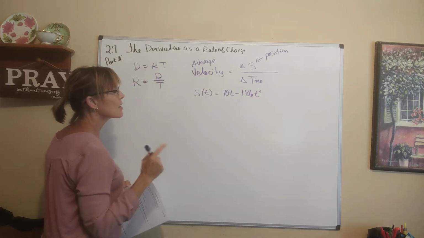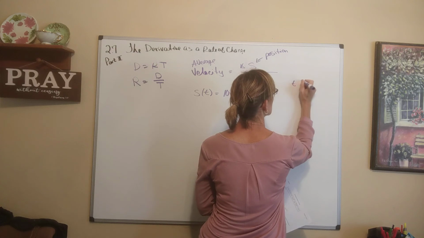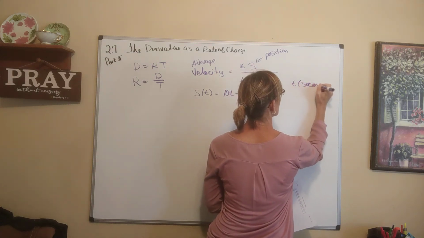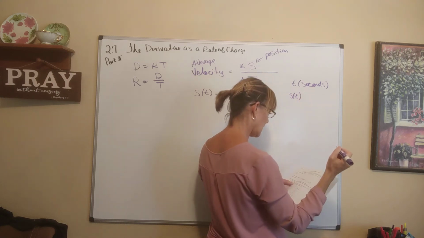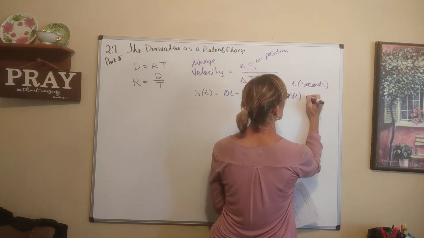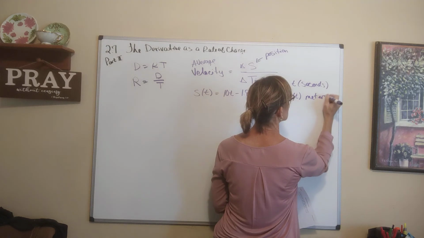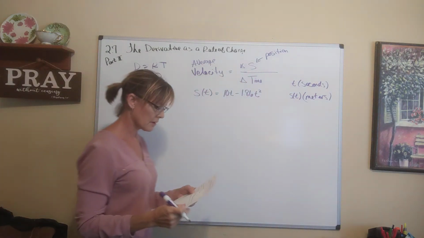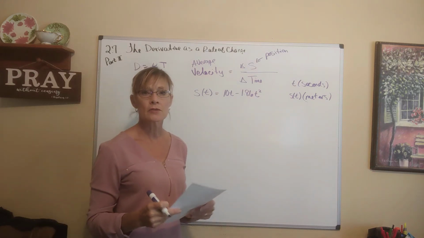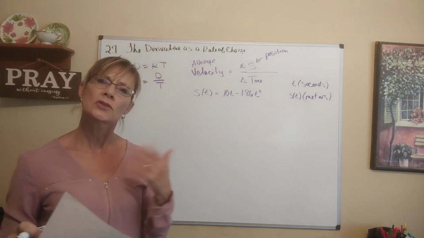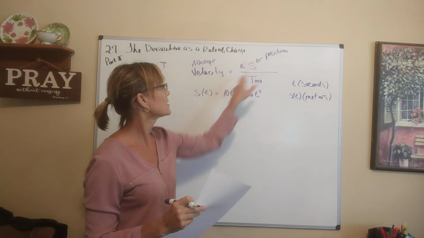I'm going to just take note that t is in seconds, and that the height, s of t, is in meters. I just want to take note of the units right there. So it says find the average velocity over the given time interval. They're not talking calculus, they're just talking the change in s over the change in t.